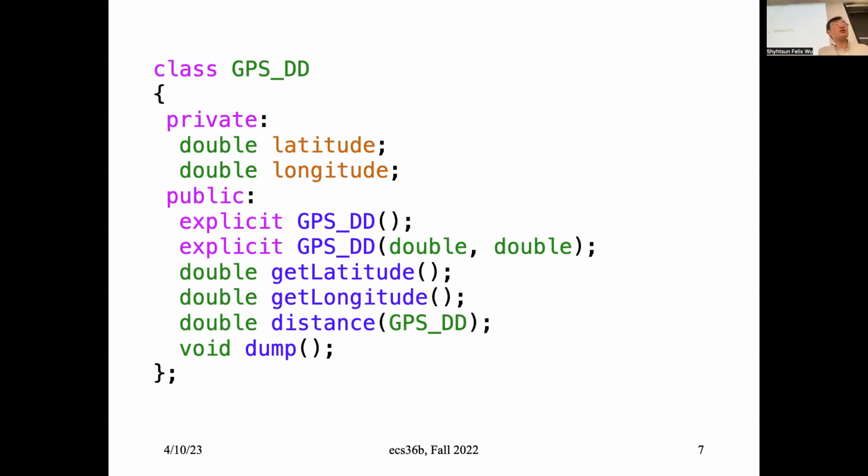That's latitude or longitude, define that. So this is the first C++ class I tried to define, tried to tell you.